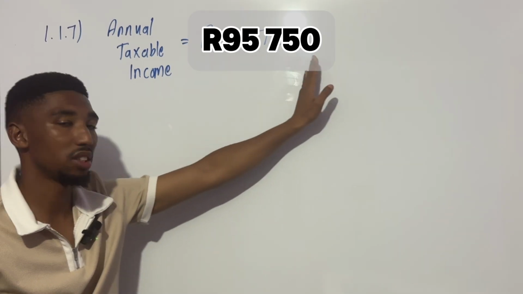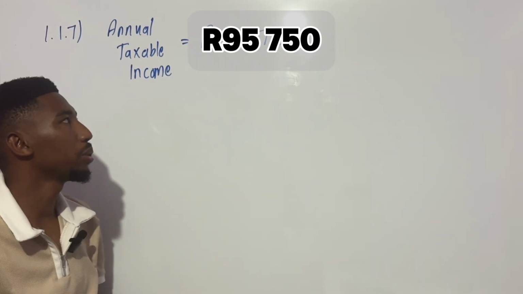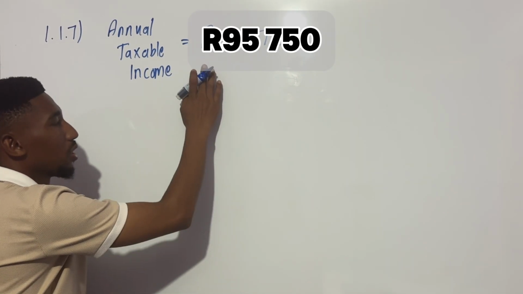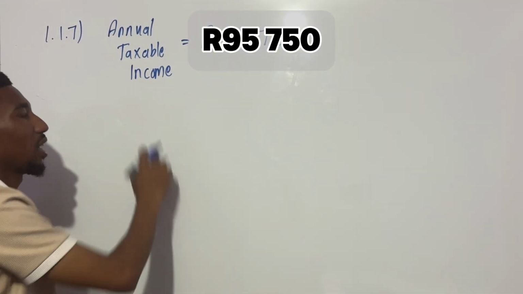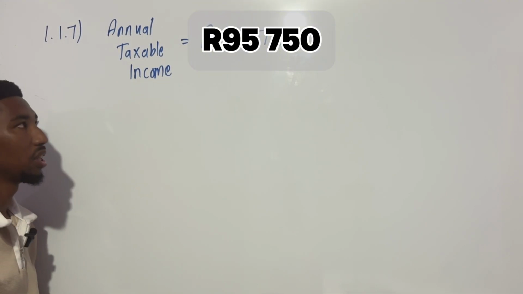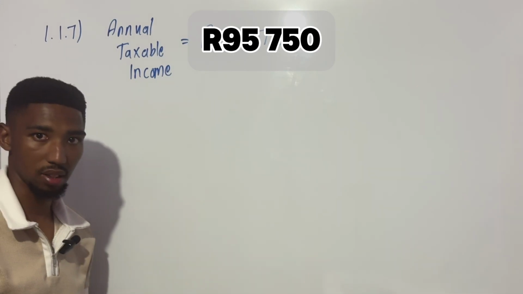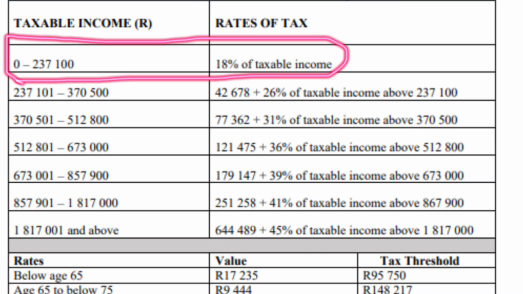How are we going to verify that this is the correct value? You take this value as the annual taxable income. Then we go to our tax bracket. This falls under the first tax bracket, and this says that this person has to pay 18% of the annual taxable income.